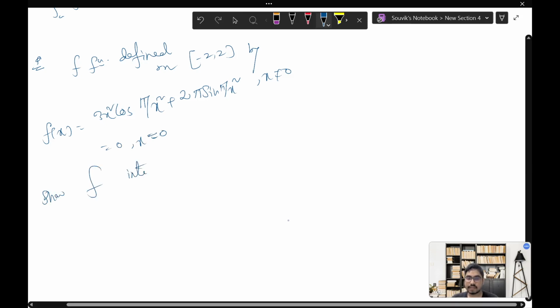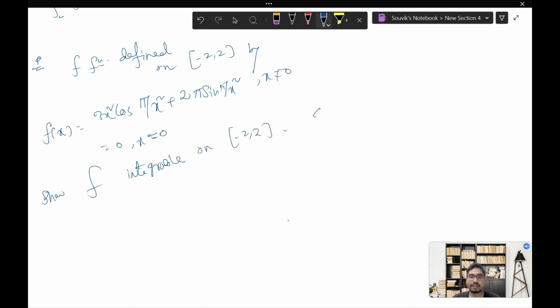So f is integrable. Evaluate the integral of f from minus 2 to 2.